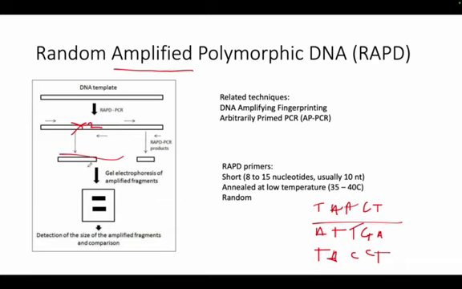Maybe it's going to get longer, or maybe it might be shorter. And we're going to see that difference when we run the amplified fragments on a gel. So basically the length of the PCR product obtained is what is going to be characteristic of the marker that we're looking at.